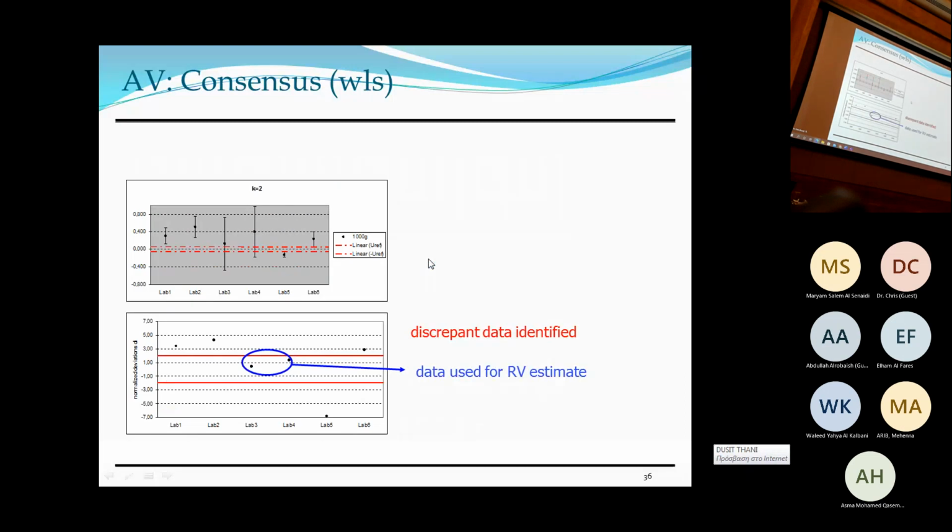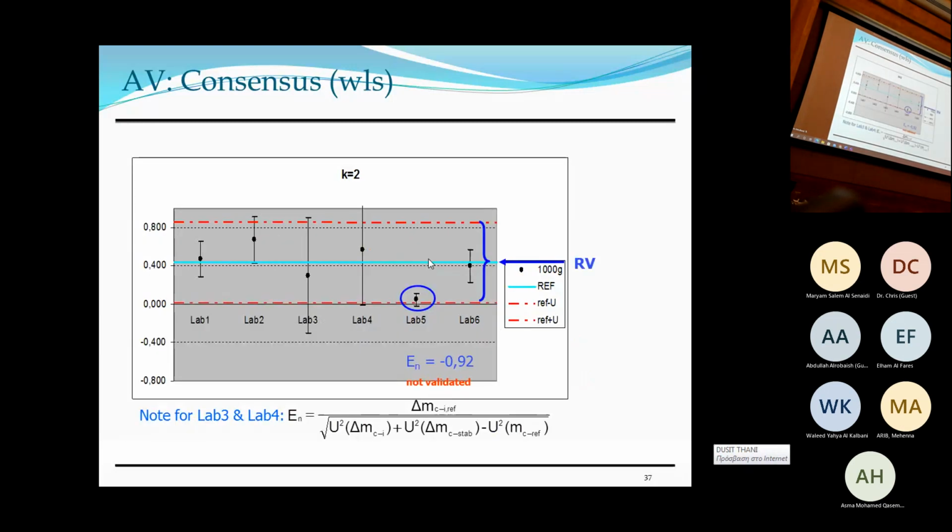So here everything is inconsistent, same numbers, everything is inconsistent. I redetermined the assigned value by discarding outliers, and now everything is consistent. So everything is consistent with the new reference value.